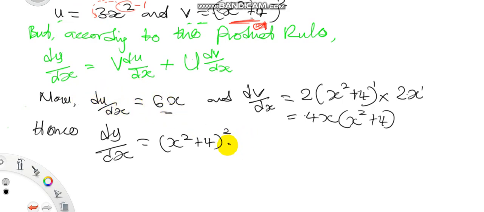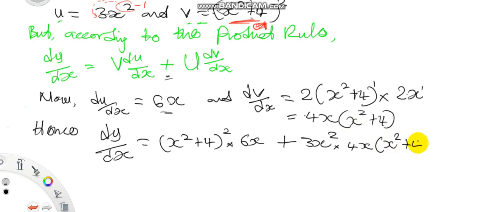Multiplied by 6x plus, remember the product rule, plus u, what is u? u is 3x squared, multiplied by dv/dx. What is dv/dx? dv/dx here is 4x multiplied by x squared plus 4.